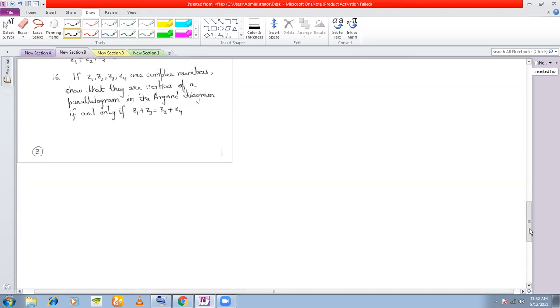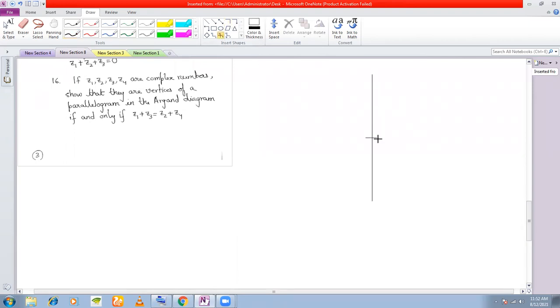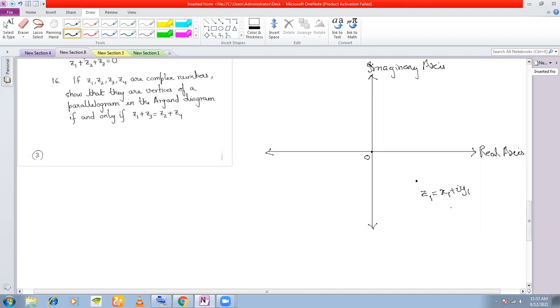The second interpretation is that if I have two complex numbers, say z1 = x1 + iy1, which can also be written as an ordered pair (x1, y1), and another complex number z2 = x2 + iy2, also written as (x2, y2).